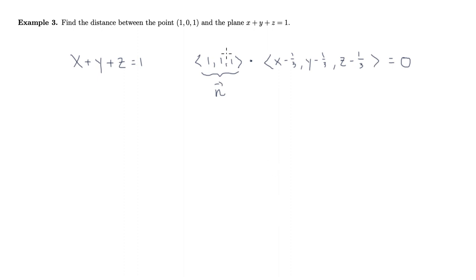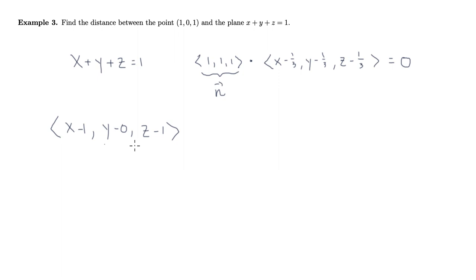So this is the vector we want to project onto. Then we need to take a vector that connects the point in the plane. Let's take a point (x, y, z) and subtract 1 from x, 0 from y, and 1 from z.